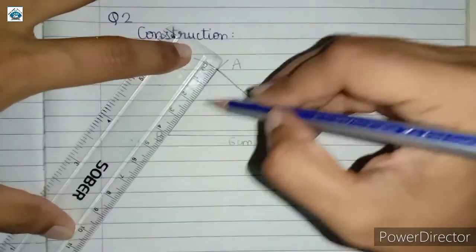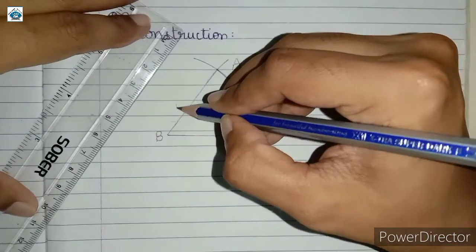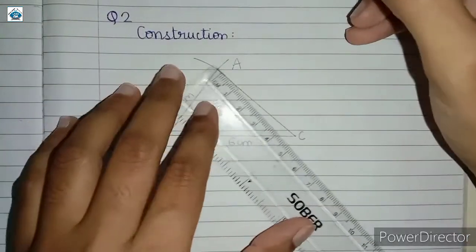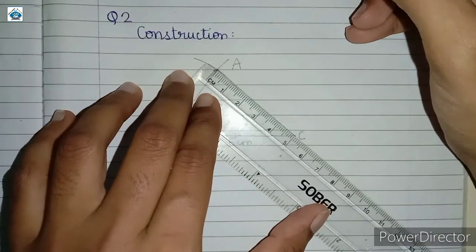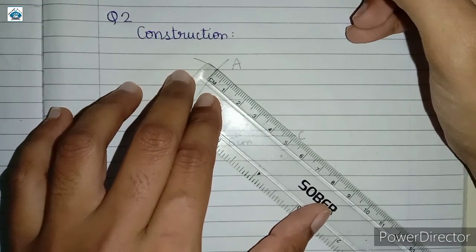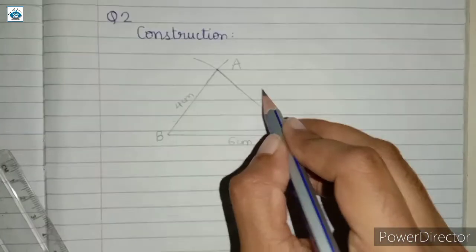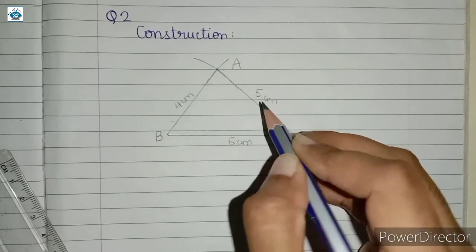Here, as you can see, AB measures 4 cm and AC measures 5 cm. So, writing down the measurements of each side.